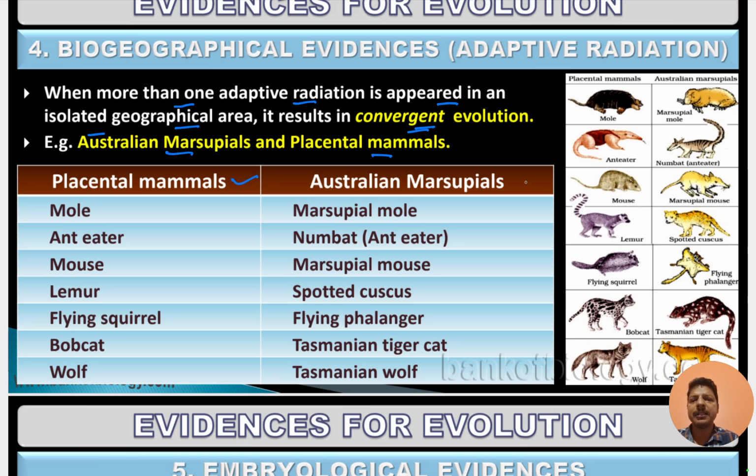You can see placental mammals and Australian marsupials: mole, marsupial mole; anteater, numbat; mouse, marsupial mouse; lemur, spotted cuscus; flying squirrel, flying phalanger; bobcat, Tasmanian tiger cat; wolf, Tasmanian wolf.